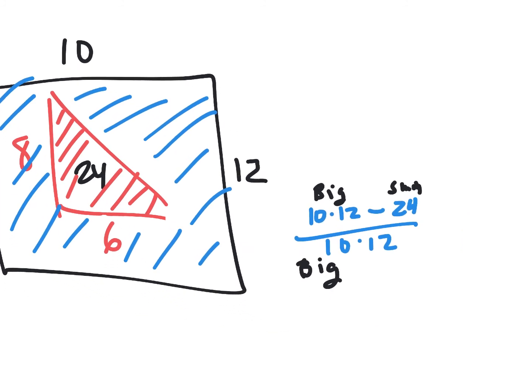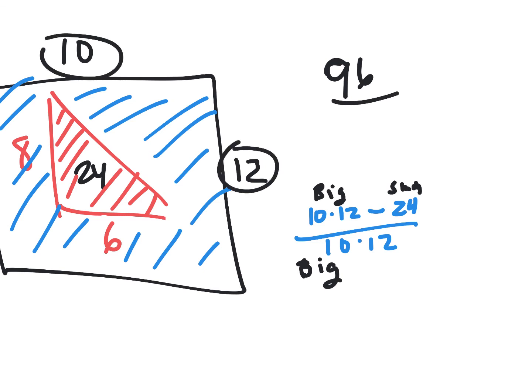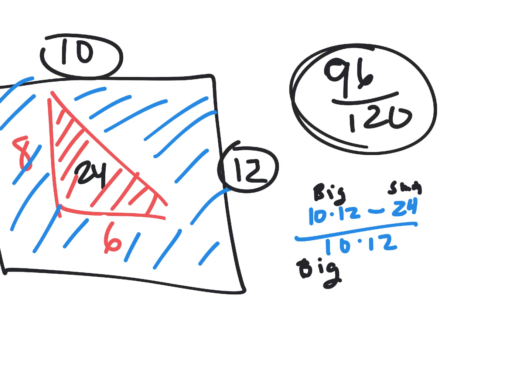Did you get 96 out of? The whole thing, the big one, is 10 times 12, which is 120. Raise your hand if you had 96 out of 120. Then you're doing it right.